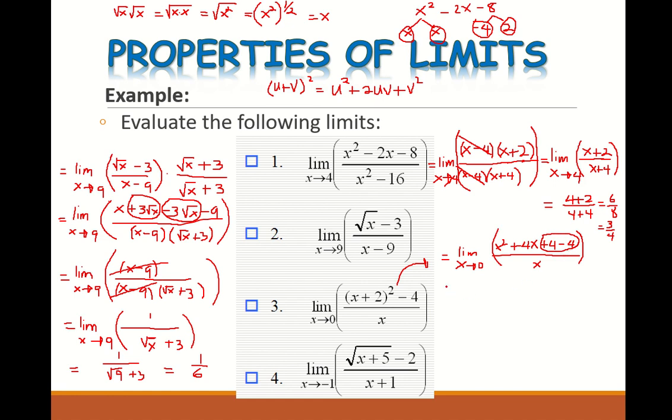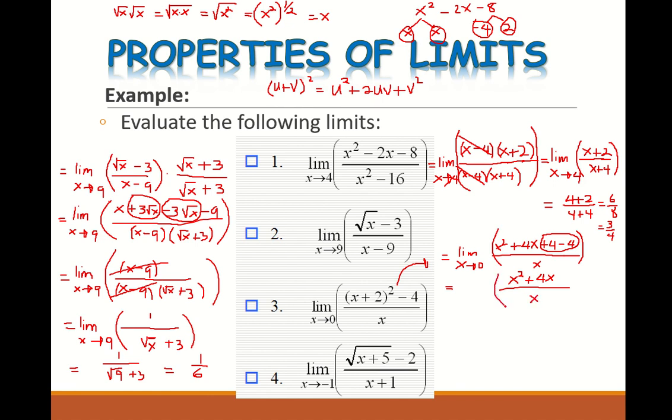So what is left in the numerator is just x squared plus 4x, and the denominator is still x.